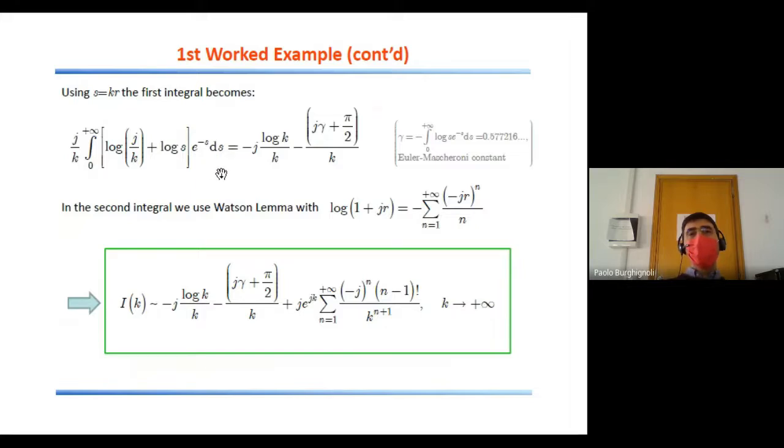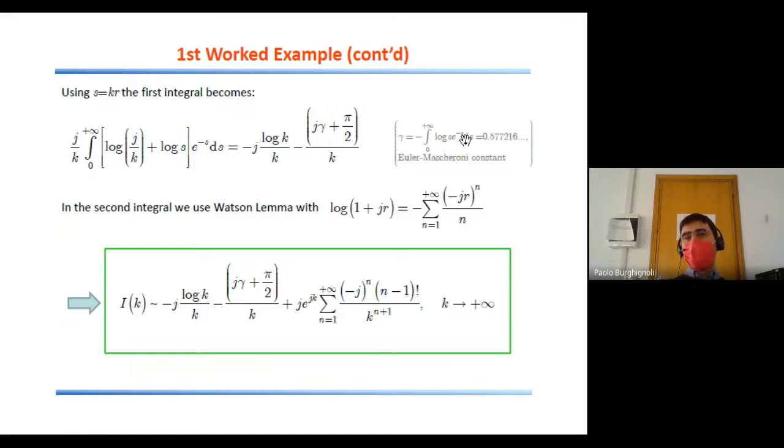This gives you a term that depends on k, like the ratio of the logarithm and of k itself. And then we have this constant j gamma plus pi over 2 divided by k, where gamma is by definition minus the integral from 0 to infinity of the logarithm times the exponential e to the minus s.